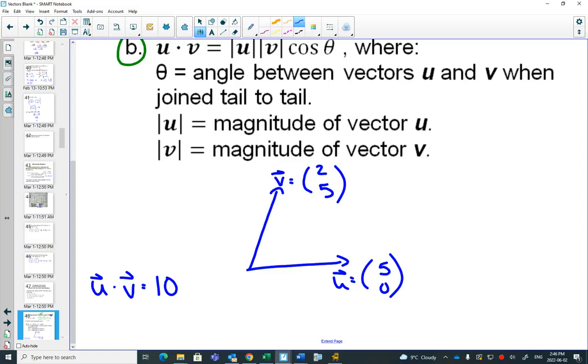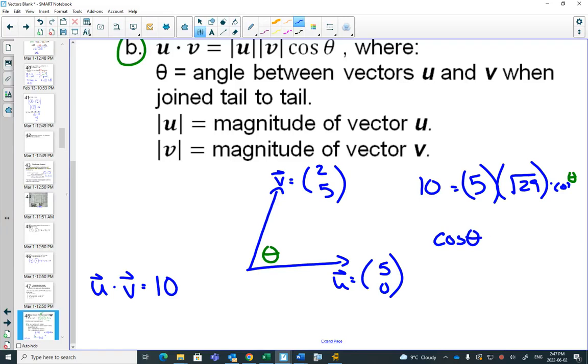That 10 happens to equal the length of this one, which is 5, times the length of this one, which we found out to be root 29, times cos of the angle theta, which I'll write in green and draw in green right there. So you want to find the angle between those two? You now know that cos of theta is 10 over 5 root 29, and you could find that.